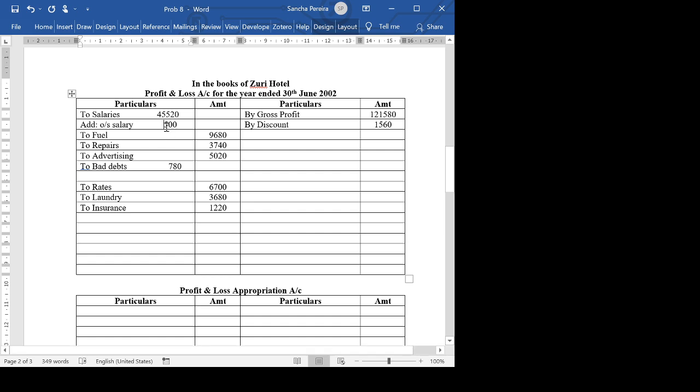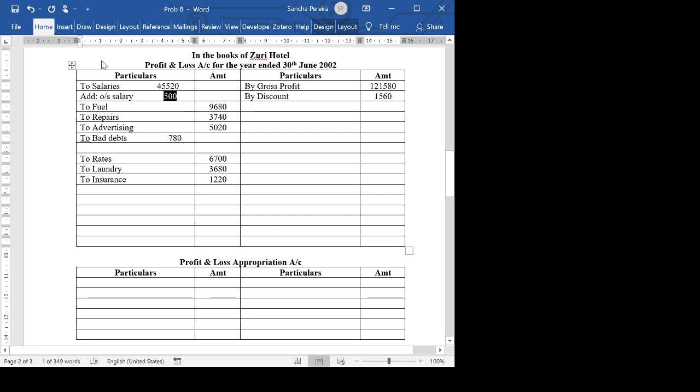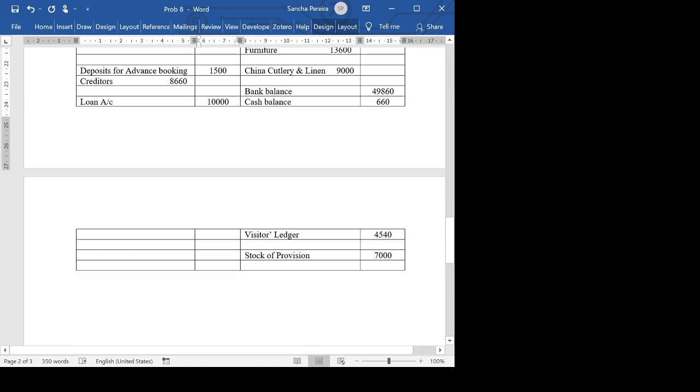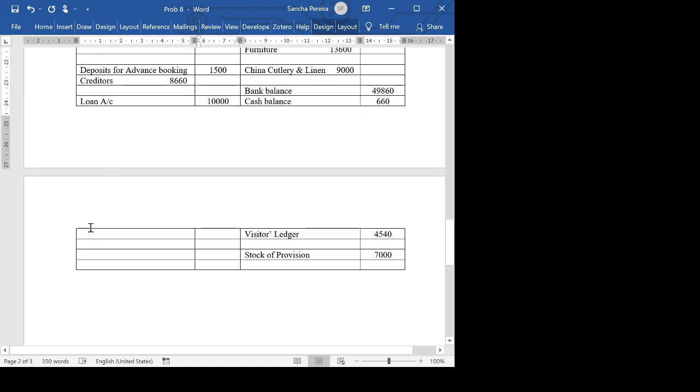That comes to 46,020. Then this also goes in the balance sheet as outstanding salary, 500.